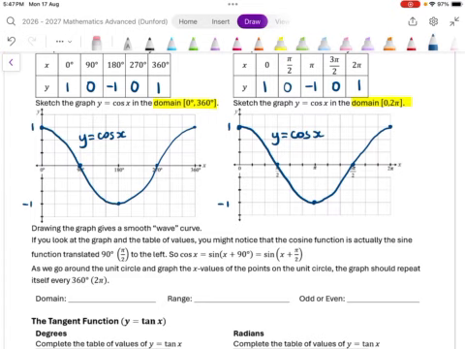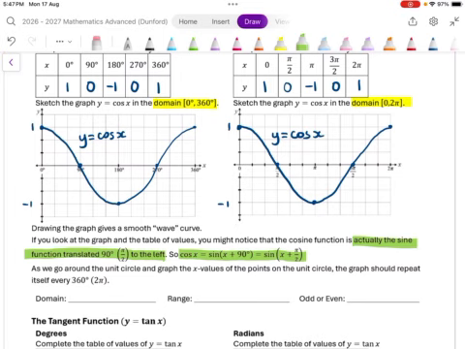And if we look at the graph and the table of values, we might notice that the cosine function is actually our sine function, just translated 90 degrees or pi on 2 to the left. So as we looked at in a previous lesson about complementary angles, we had that cos x equals sine of x plus 90 or sine of x plus pi on 2.